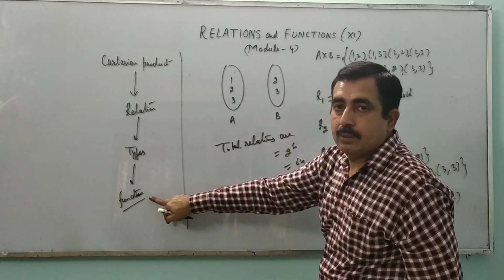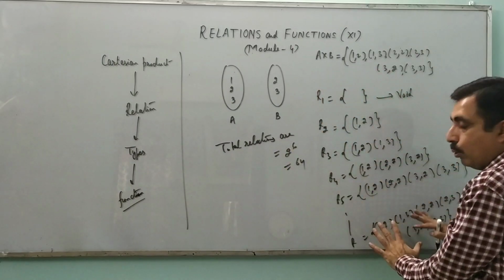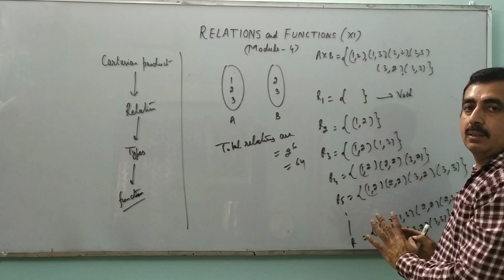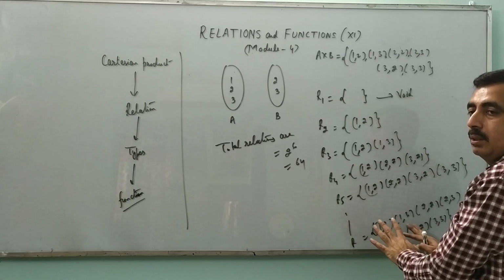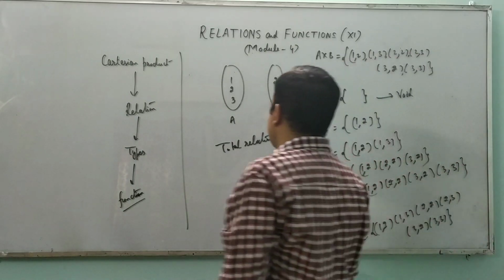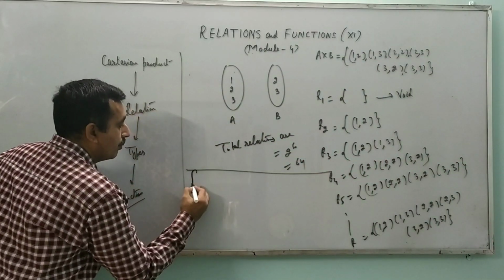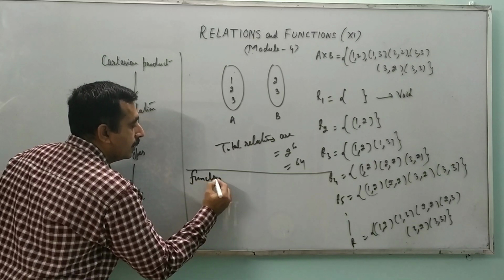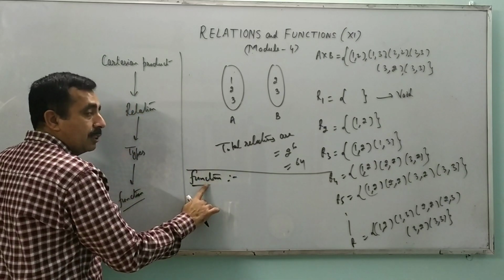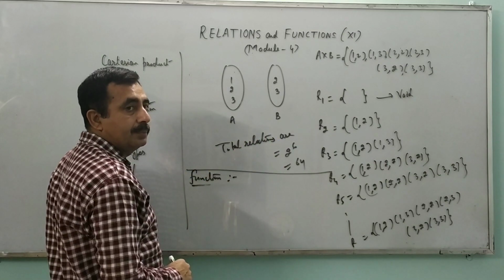Now we have to start function. Out of these 64, some are functions. So what is function? See the definition. Function is a particular type of relation.